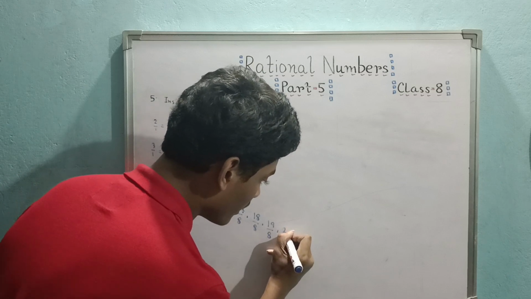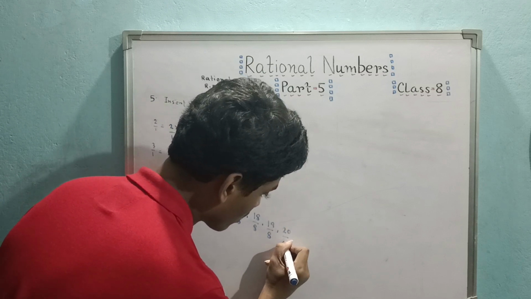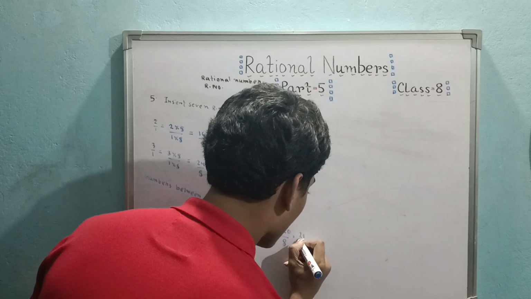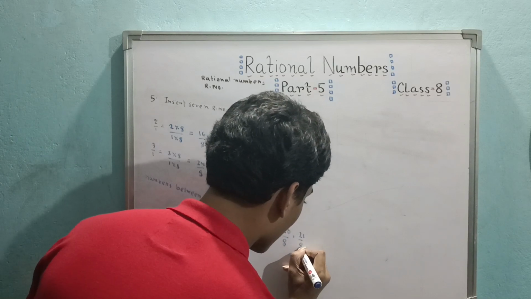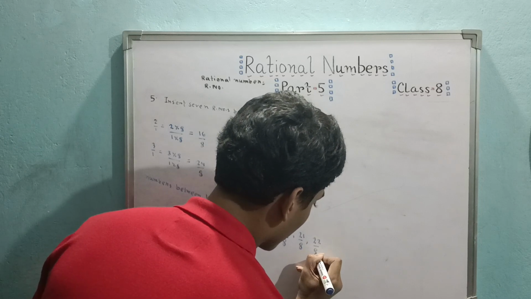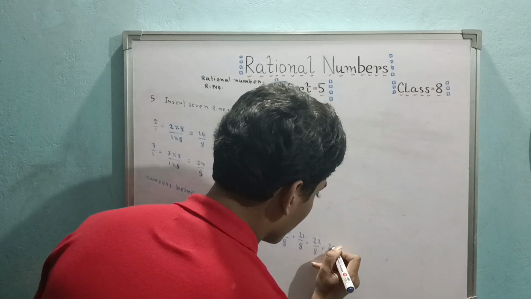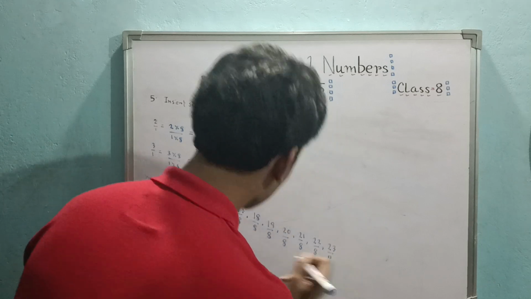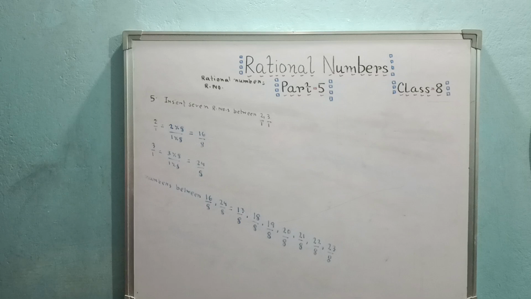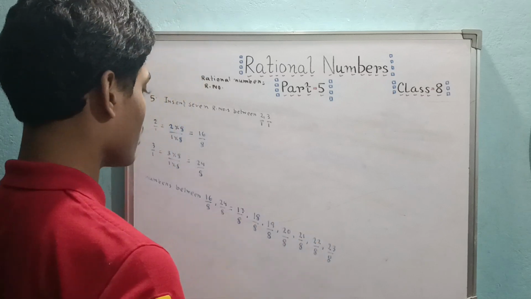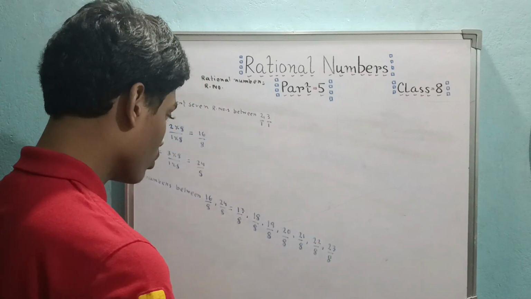Then 20 by 8, 21 by 8, 22 by 8, 23 by 8. Then 24 by 8 we can't write between. So excluding 16 by 8 and 24 by 8, see, we have 1, 2, 3, 4, 5, 6, 7 rational numbers between these two.